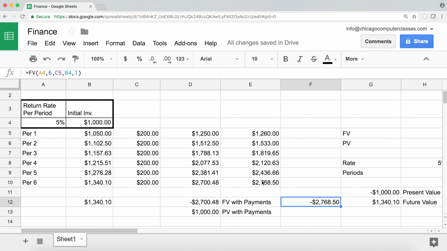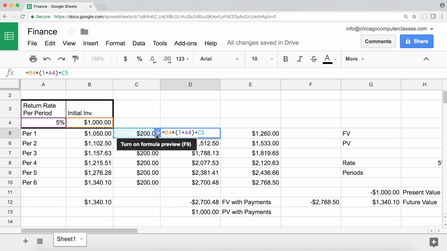So that's when our payments are due by the beginning of the period. We're going to get that number. So hopefully you understood what happened here. Essentially, the first thing we did, we made our investment, then it accumulated that 5% return, and then by the end of the period, we made the payment. So then over that amount, we did another interest, and then we did another payment over that, and so on.